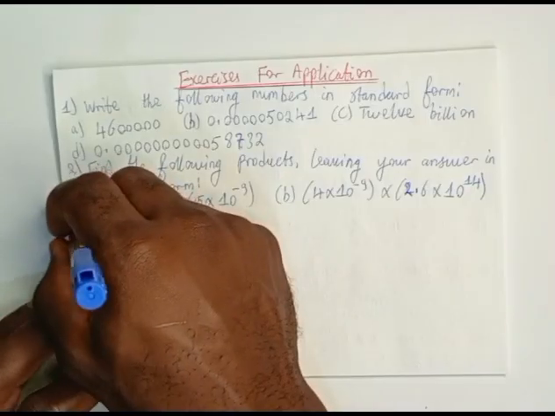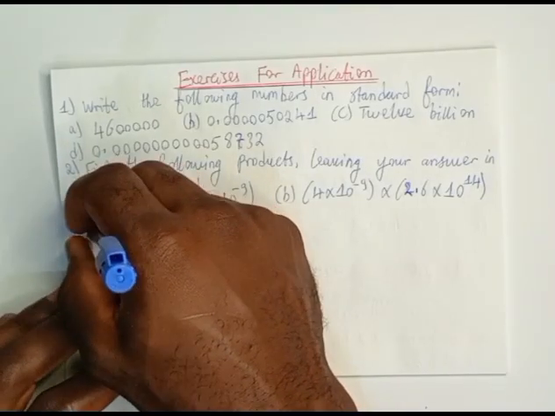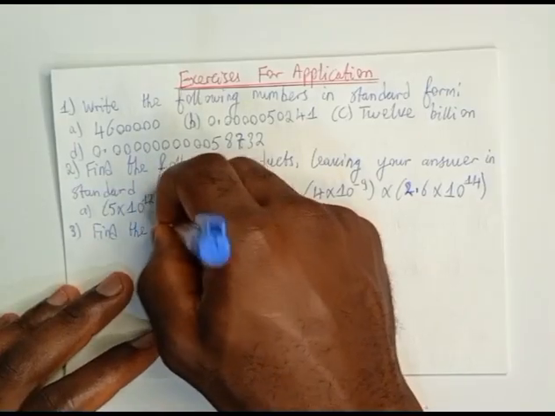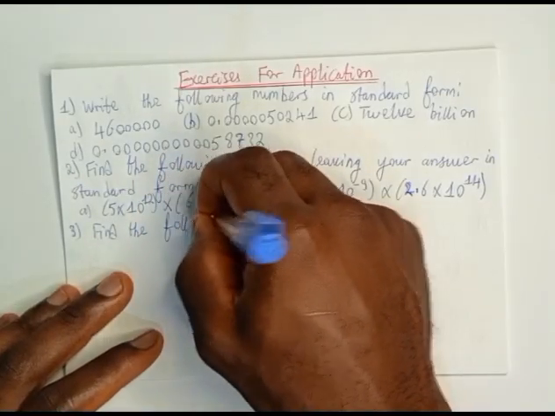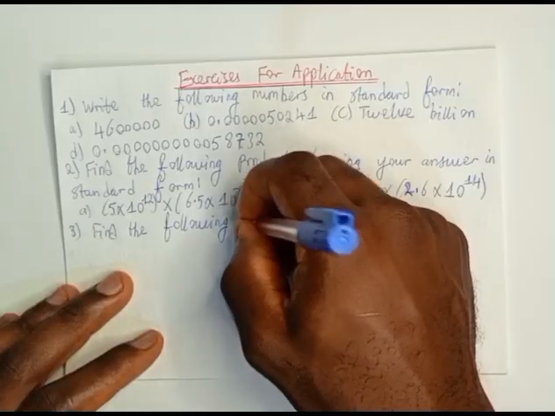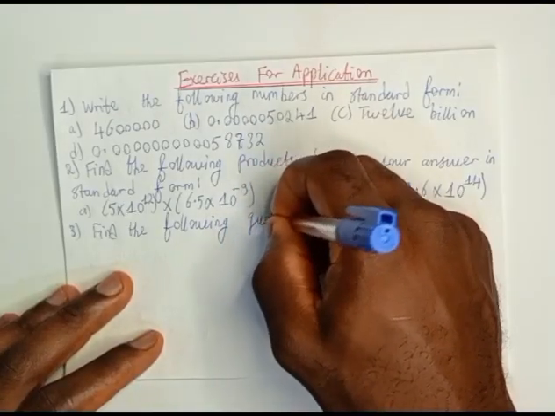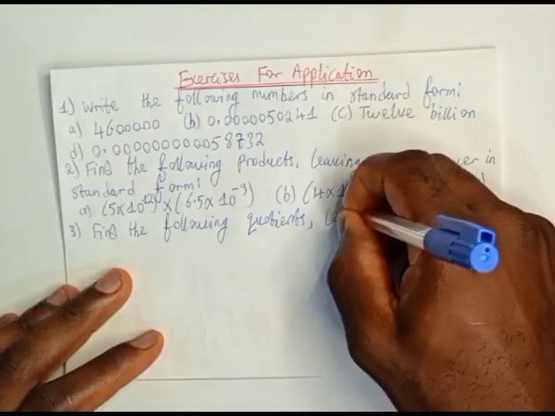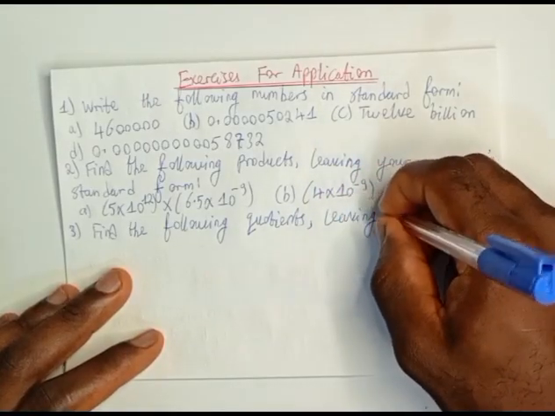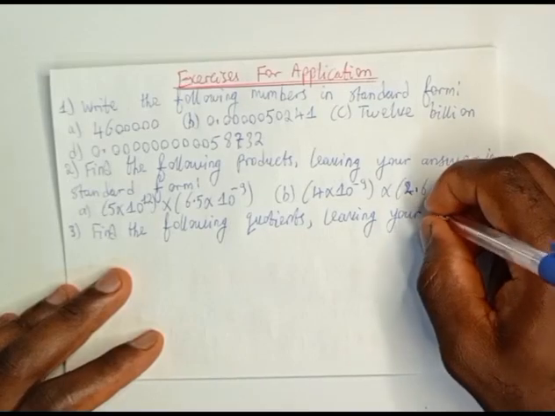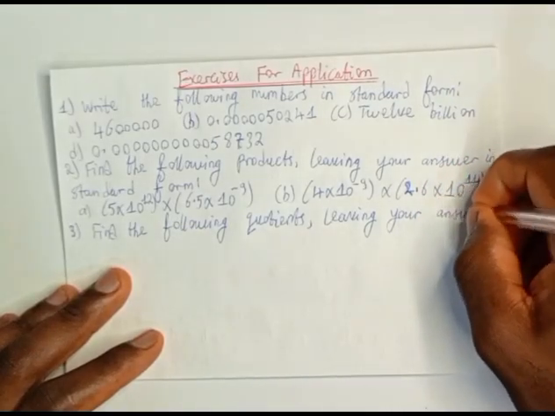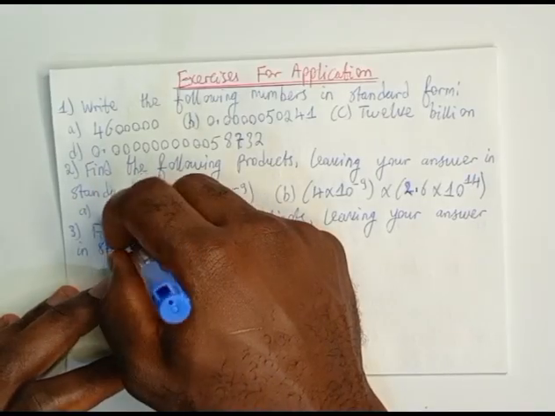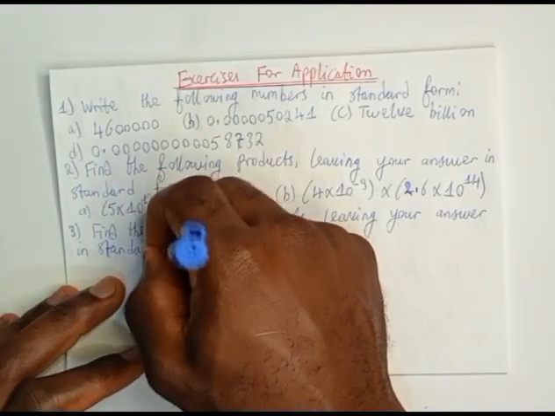We go now to question 3, which says find the following quotients, leaving your answer in standard form.